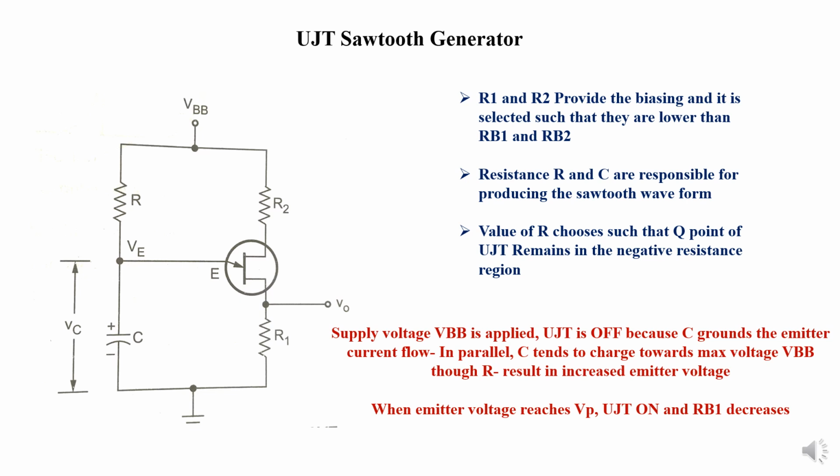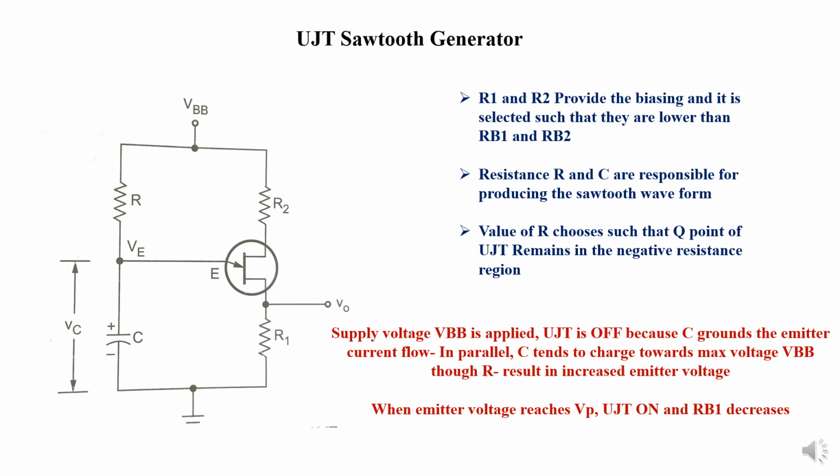But in parallel, when we give supply to the circuit, the capacitor C charges. The charging keeps going and it would reach a maximum voltage of VBB. Once this point is reached, the resistance starts decreasing, and the charge that is stored helps in turning on the UJT device.